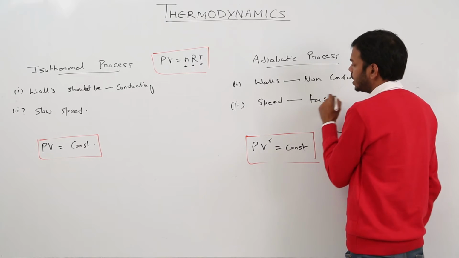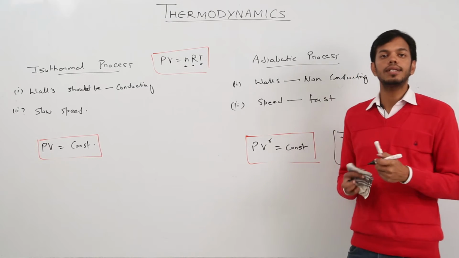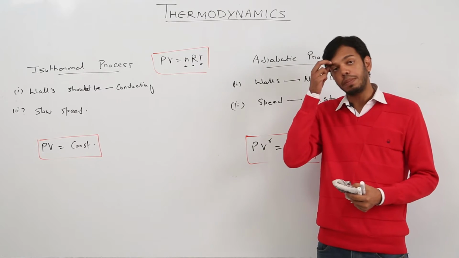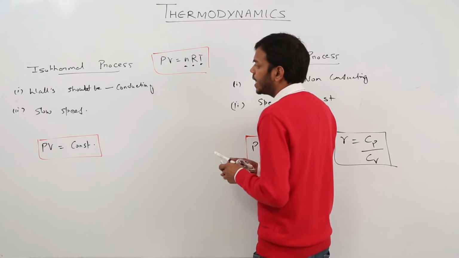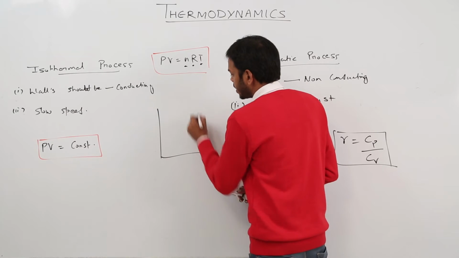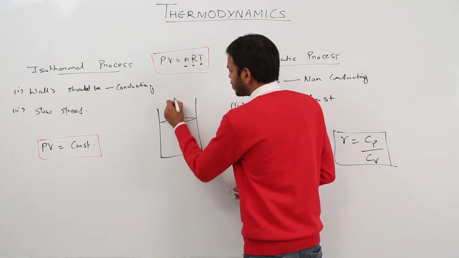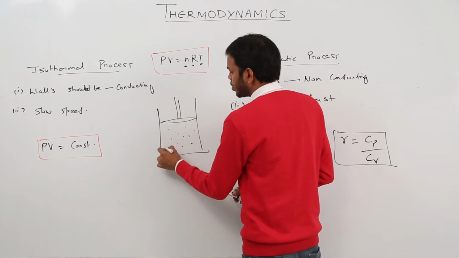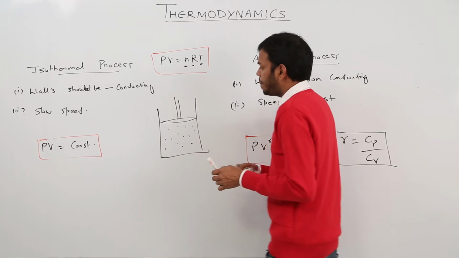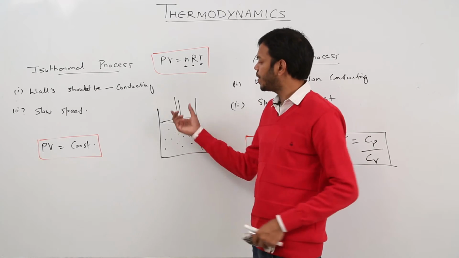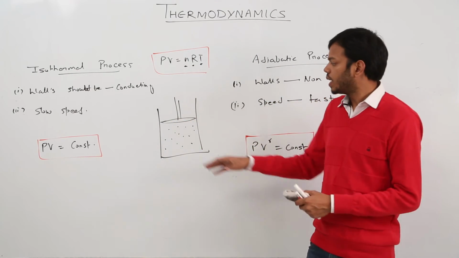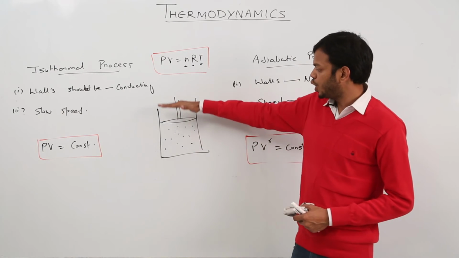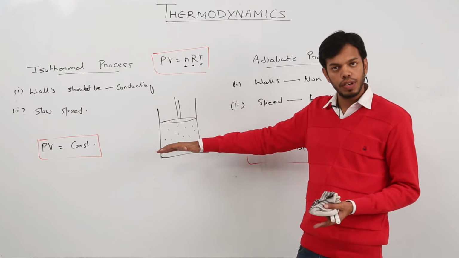The process should be done so fast that there is no time for heat to escape from the system. Suppose the same piston and cylinder case as I explained earlier. This is a cylinder in which we have a piston here, and these are the gas particles. Now if I press this piston at a very slow speed, considering that these walls are perfectly conducting, then due to the increase in pressure, the temperature will increase.